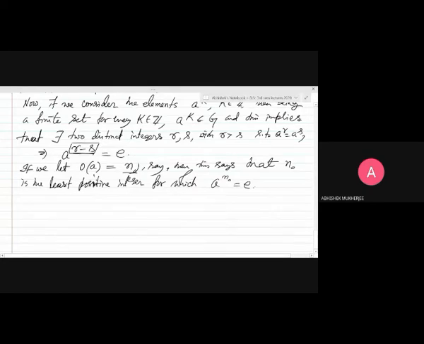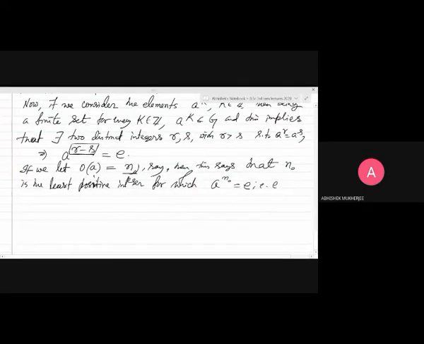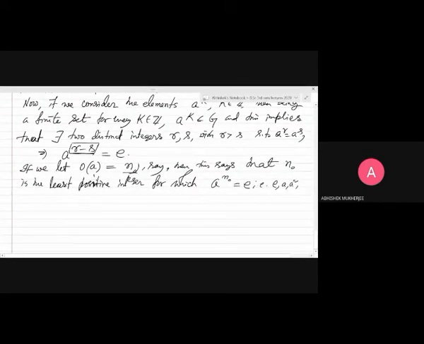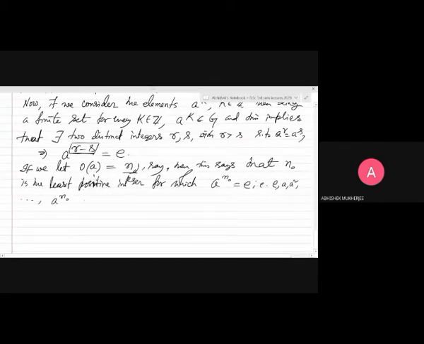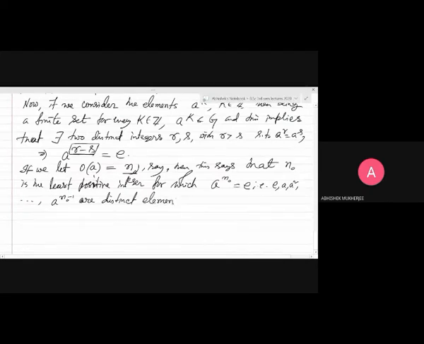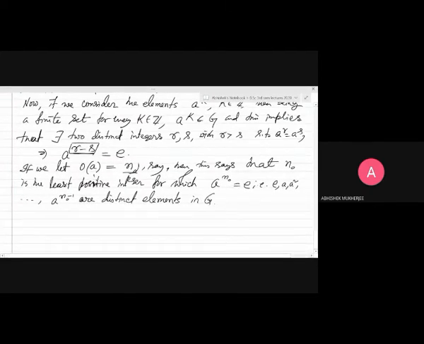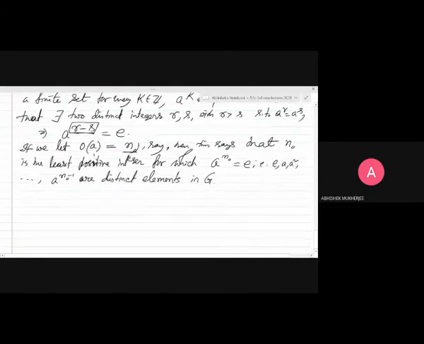That is, e, a, a squared, up to a to the power n naught minus 1 are distinct elements in G, right?